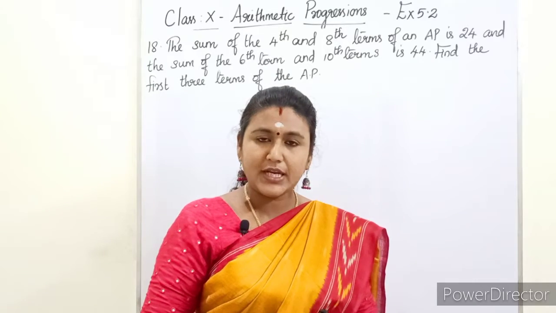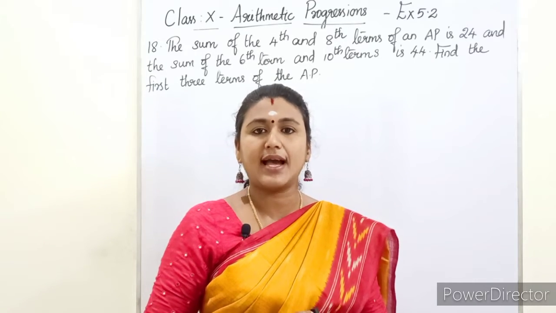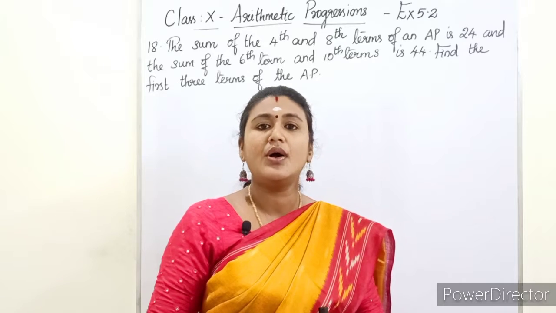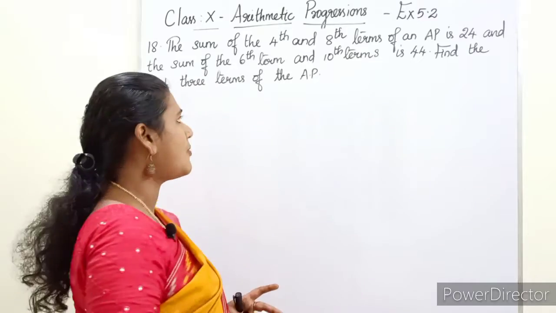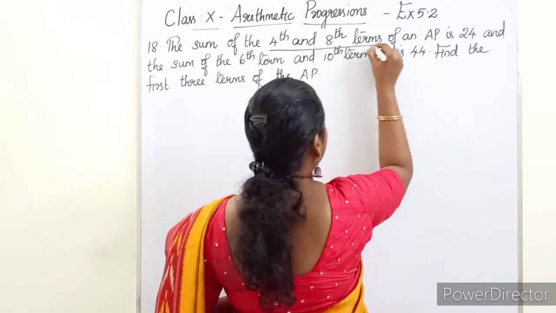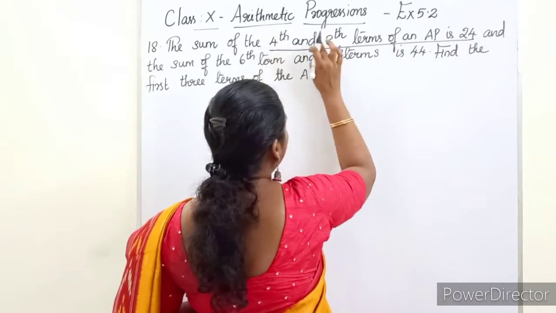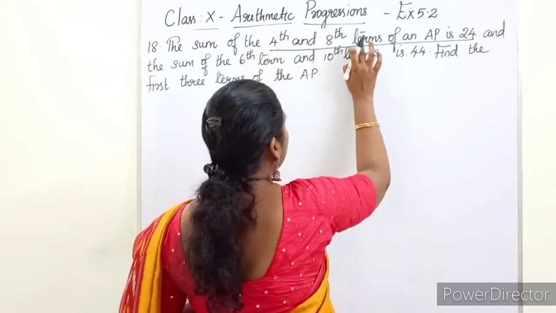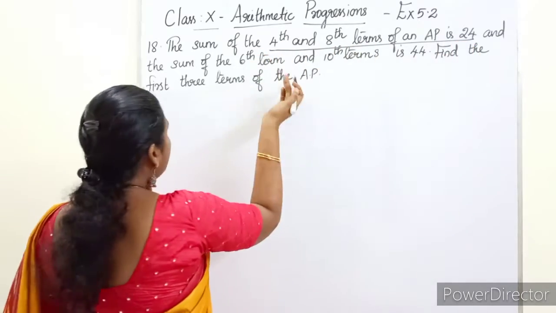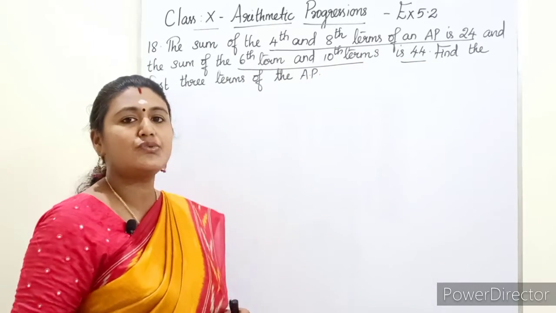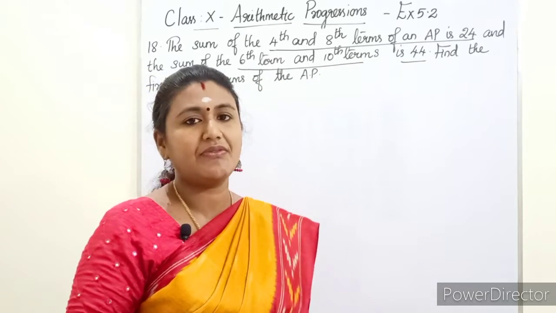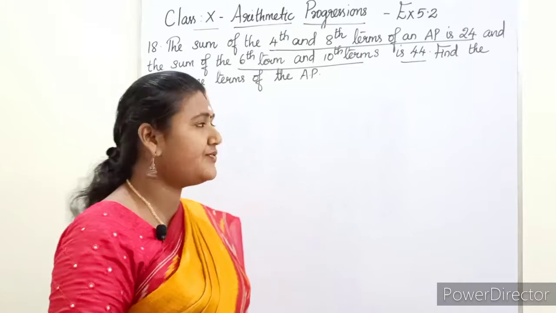So I have already told you, if you want to find an AP, we need to know first term and the common difference. So for finding first term and the common difference, we have this condition, that is 4th term and 8th term. Sum of 4th and 8th term is 24, and similarly sum of 6th and 10th term is 44. These two values they have given. From this we will find out A and D value first.